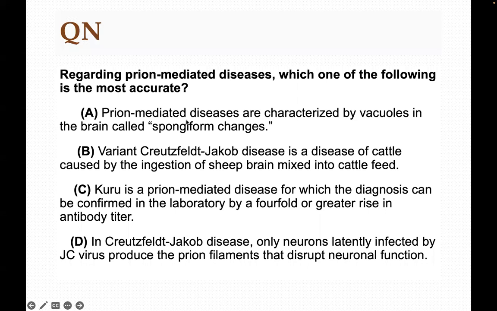But in a normal scenario, as we said, unfolded protein can make the cell die. But remember, this is not a normal scenario, because these prion proteins, scrapie, are a little bit resistant.